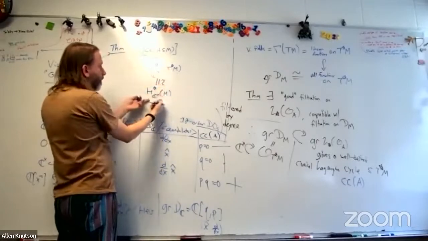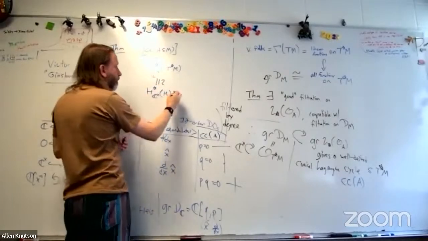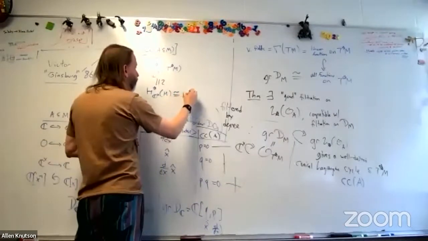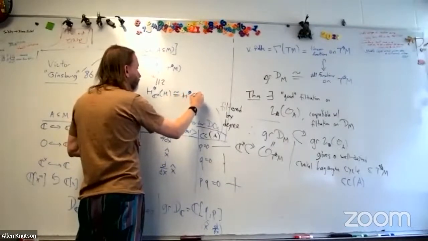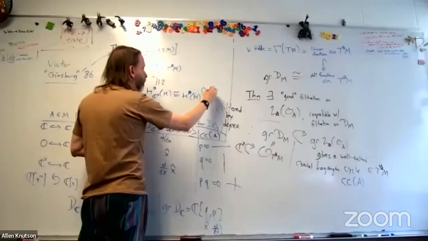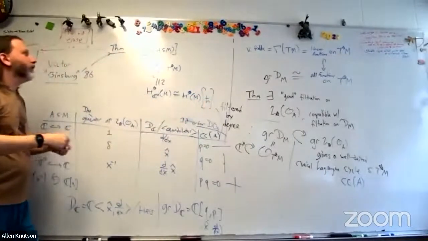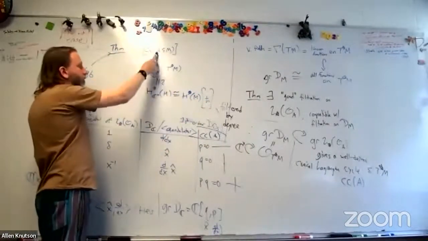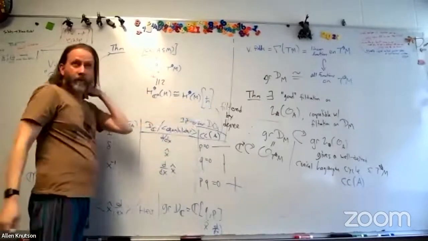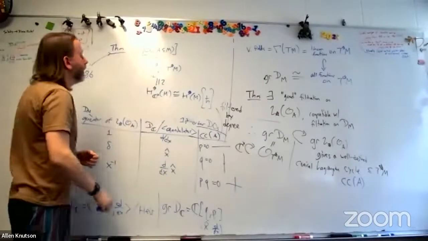Once you retract to M, then the C cross actions become trivial. And so this is just the ordinary cohomology of M, bracket some new variable I'll call H bar. So this thing is living in ordinary cohomology with some new variable attached.